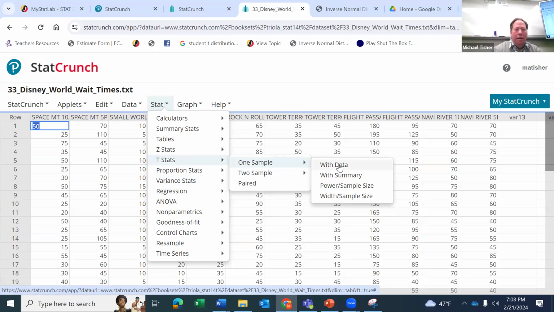Okay. Say again? All right. So that, and then which one? T Stats. And then One Sample, because we just have the one sample of data of waiting times. And then we'll choose With Data, because we have the data there. Okay. All right. Everybody there?